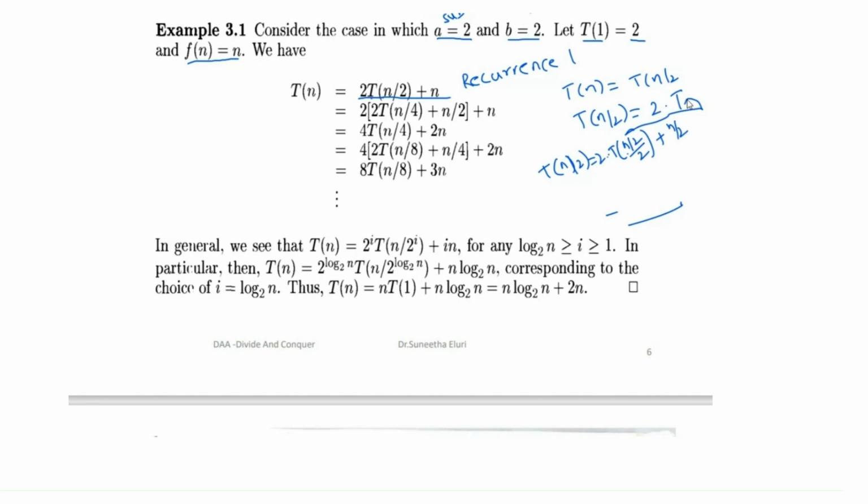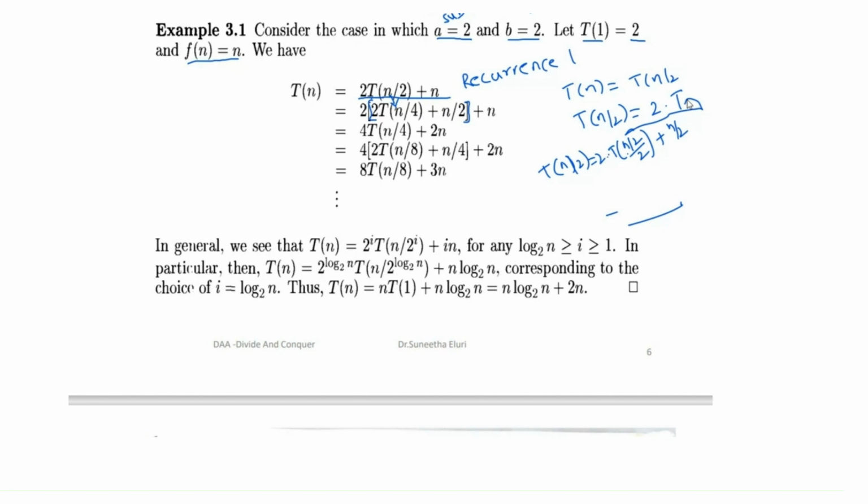So T of n by 2 is equal to 2 into T of n by 4 plus n by 2. If you observe, this entire square bracket is the term for T of n by 2. So 2 into T of n by 2 plus n by 2, plus n.